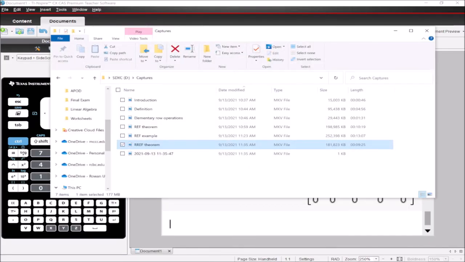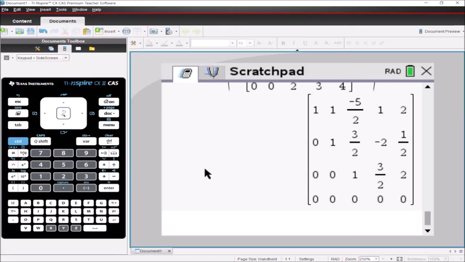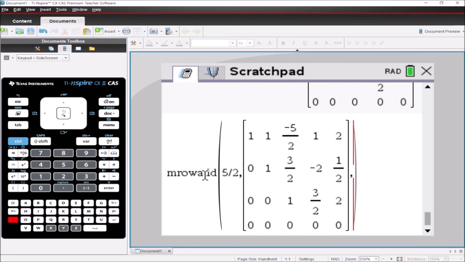So again, I'm going to come over, sorry, wrong screen, I'm going to come over to our calculator. And again, since I'm using the same matrix, I don't need to worry about re-entering a matrix. Right, so we want m row add. Our first one was 5 halves, row 3 plus row 1.